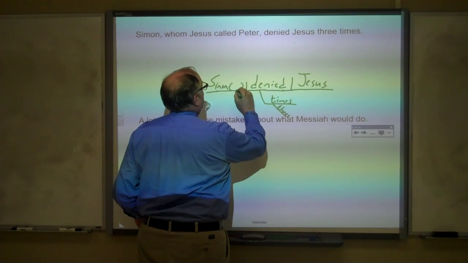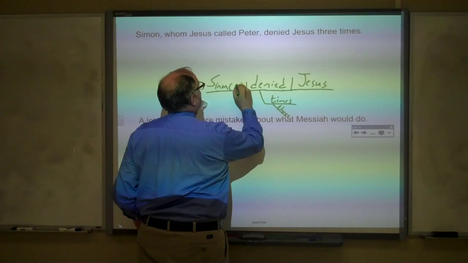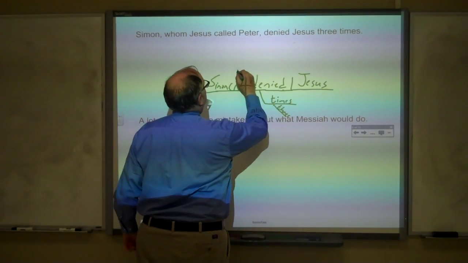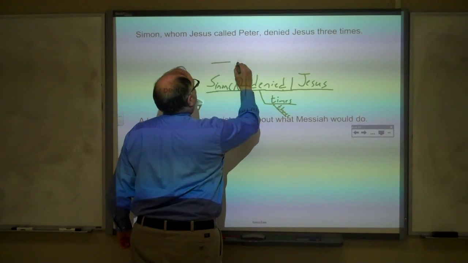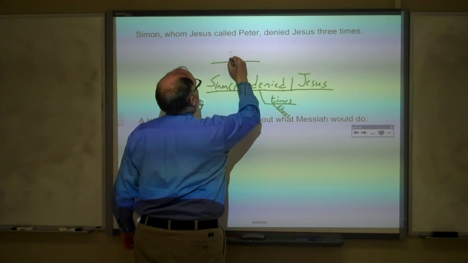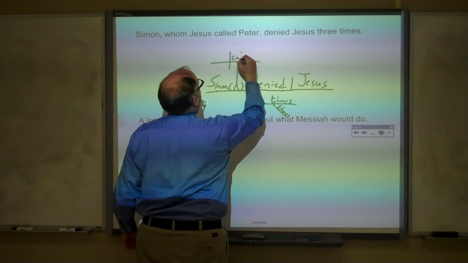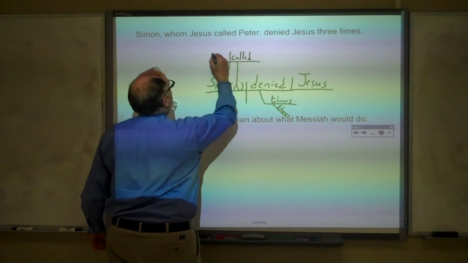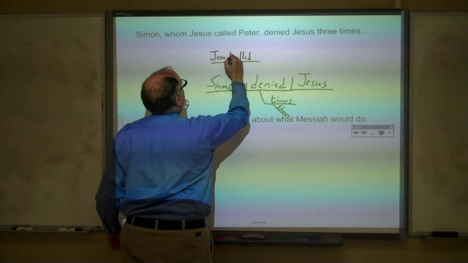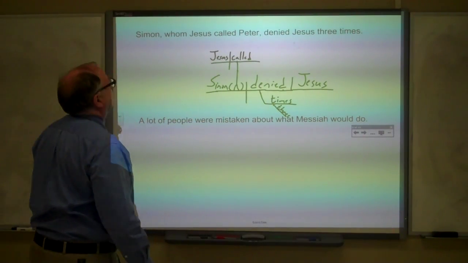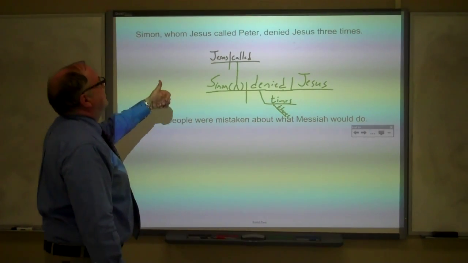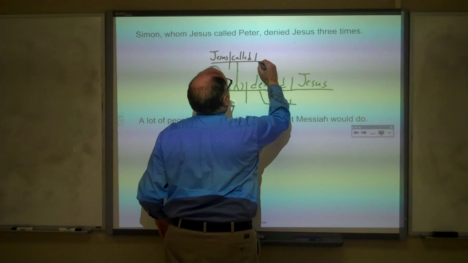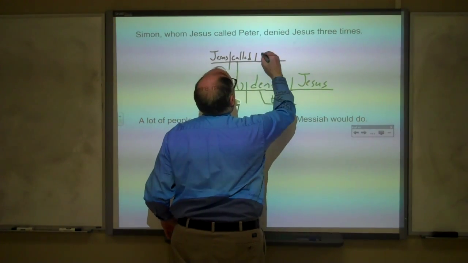And of course the appositives go in parentheses, so in this case we put the noun stand in the parentheses. And the verb is called. Jesus is the subject. Jesus called him Peter, so whom is acting as the direct object.